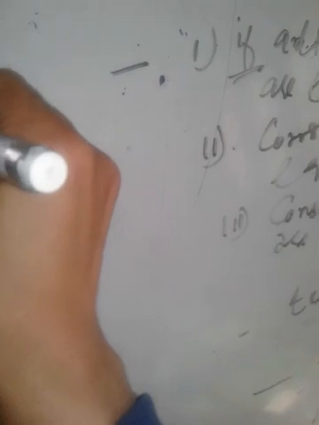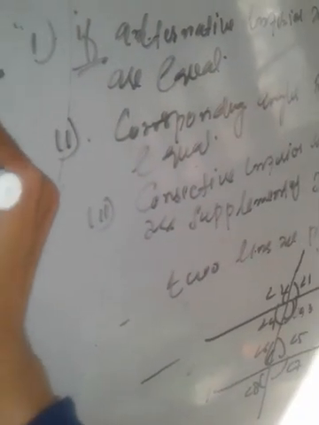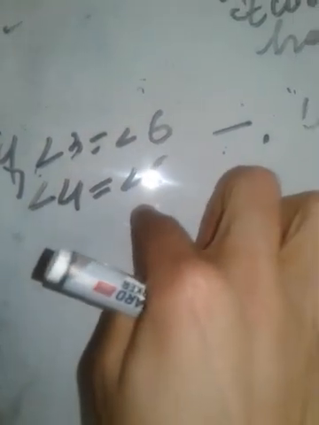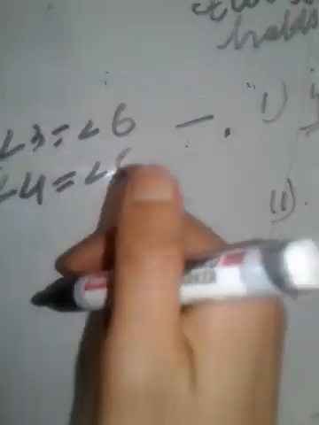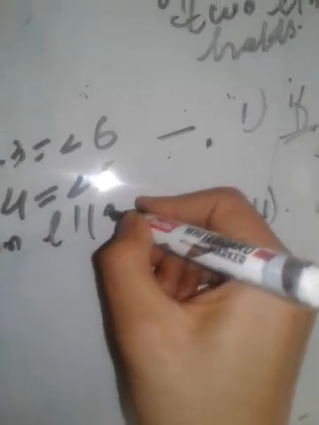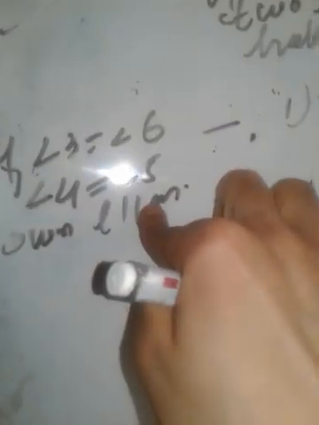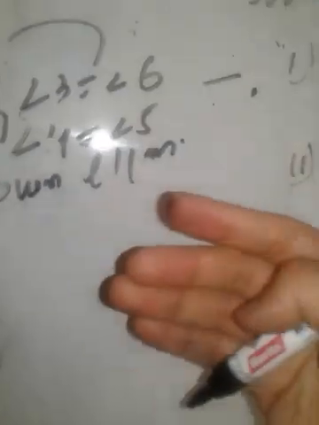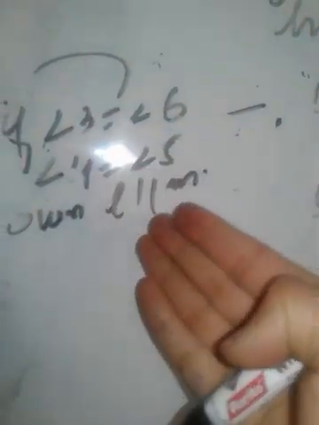In the first case, if alternate interior angles are equal, if angle 3 equals angle 6, and angle 4 equals angle 5, then L is parallel to M. In the previous case, we were given L parallel to M, so angle 3 equals angle 6 and angle 4 equals angle 5. But in the converse case, if these angles are equal, then L is parallel to M.